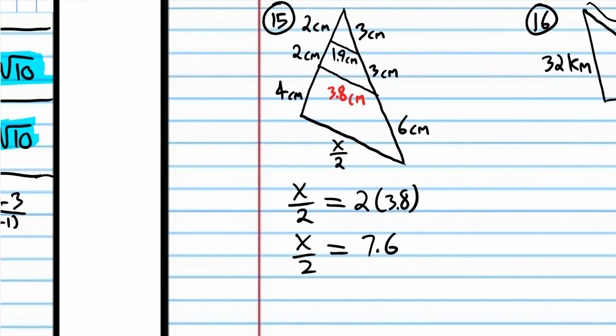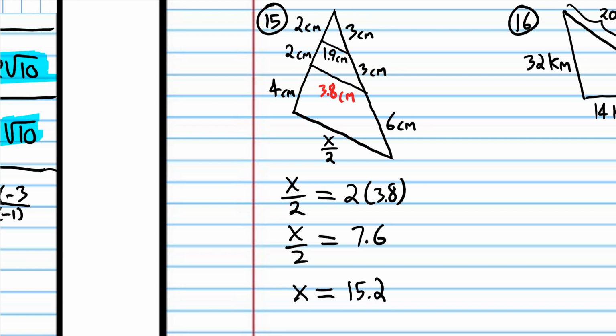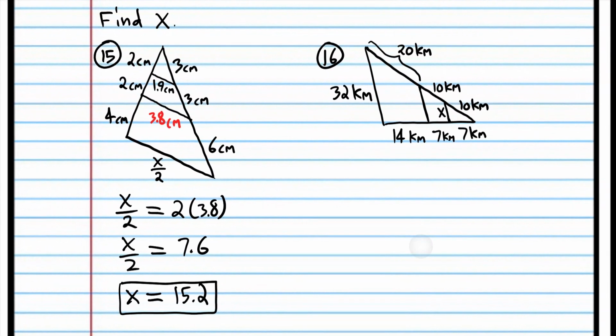And then we just multiply both sides by 2, and we get x is equal to 15.2. So the answer is 15.2. I know that seems kind of complicated, but hopefully you got the basic point there. It's kind of a challenge problem. So try number 16, and when you come back, we'll do it together.